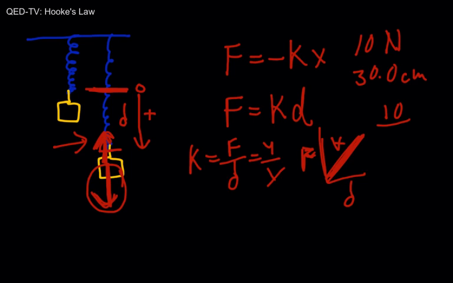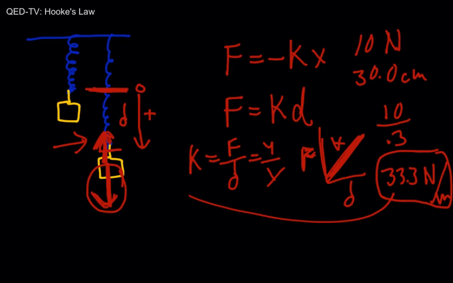The displacement has to be in meters, so it'd be 0.3 meters, or 3/10 of a meter. That ends up being 100 divided by 3, basically 33.3. And what would the units be for K? It'd be Newtons per meter. 33.3 newtons per meter of stretch. And this would be a K constant.